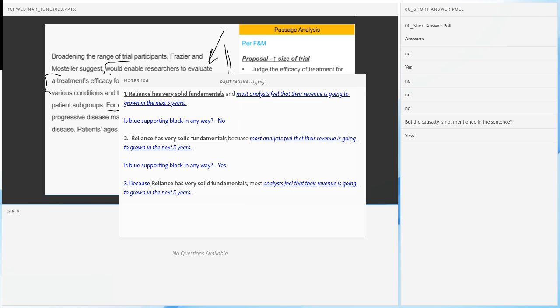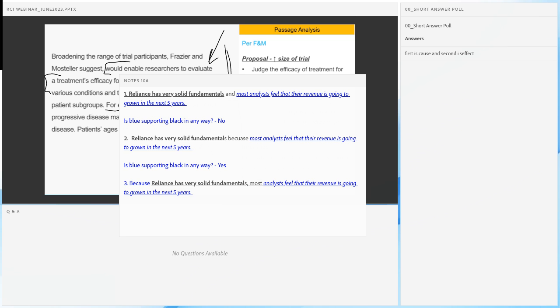What's happening now in number 3? Yes, black is supporting blue.